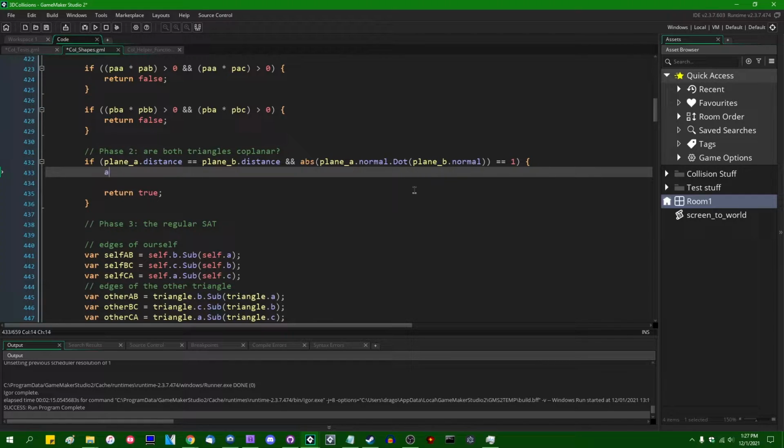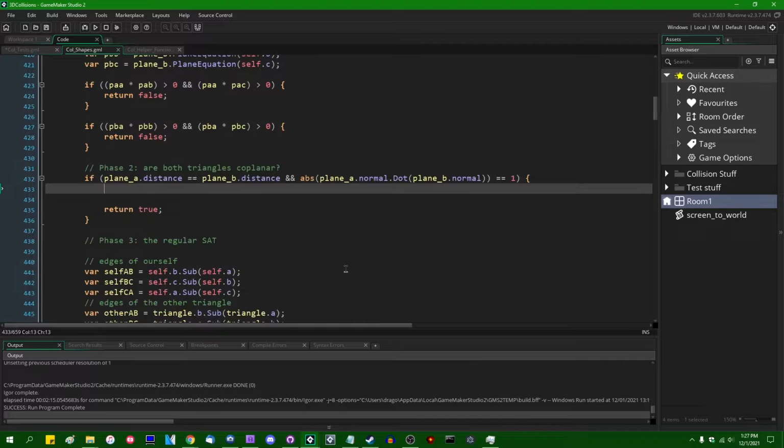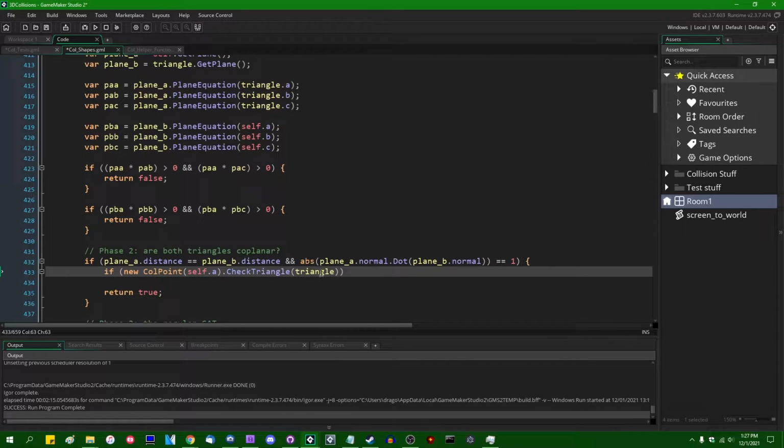I think for the sake of simplicity, and this is not going to be completely optimal code, none of this is really, but for the sake of simplicity, I can say if new call point containing self.a.check triangle, the incoming triangle. So if point A on our own triangle is within the incoming triangle, then we can return true.